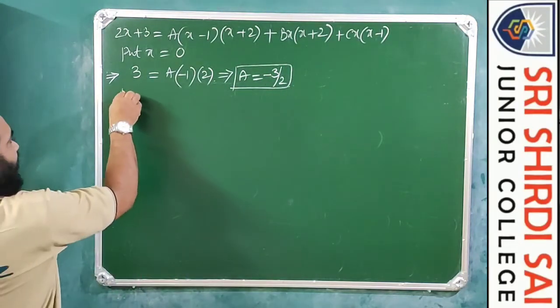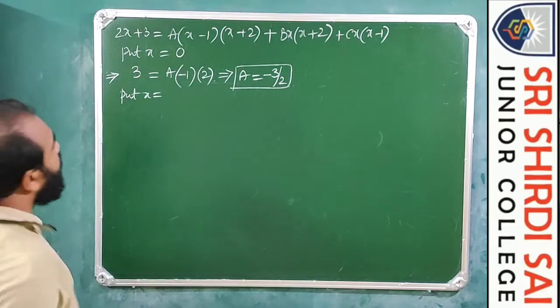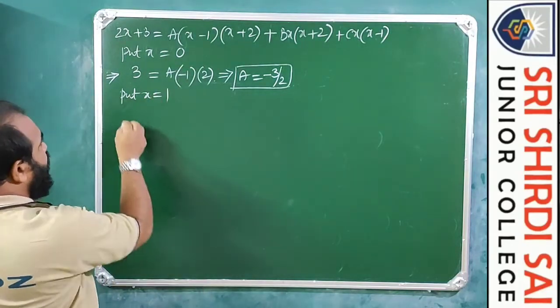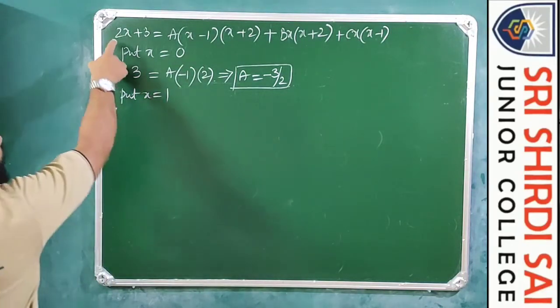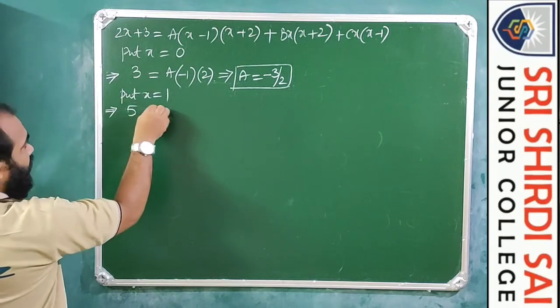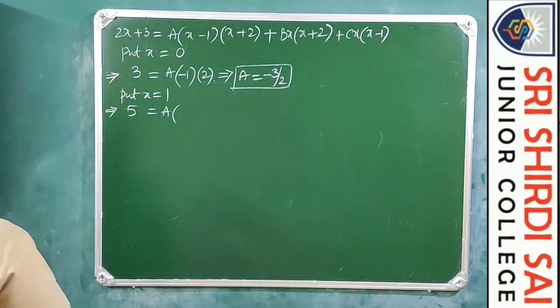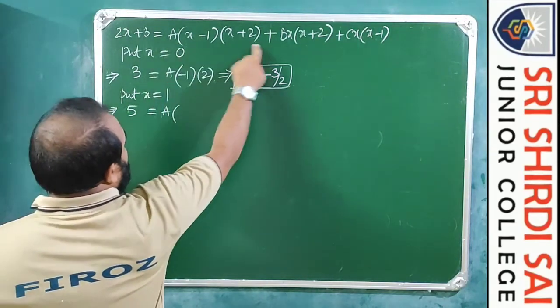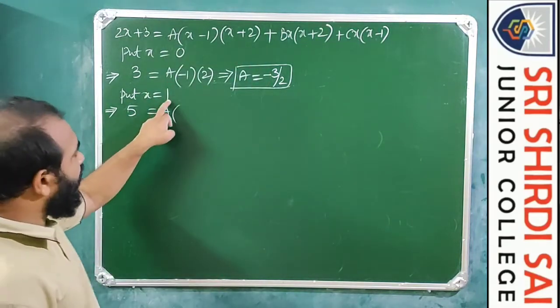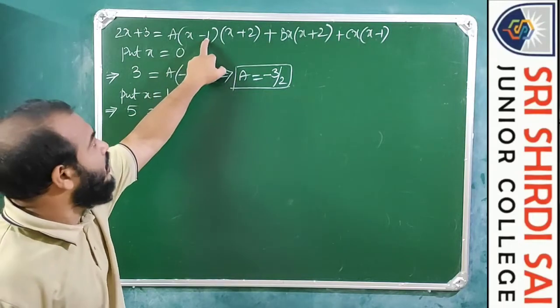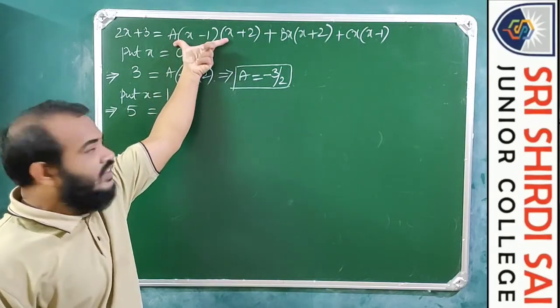And put x is equal to 1. 2 ones are 2, 2 plus 3 is 5, which equals A into, this term is going to be 0 because on substituting 1 here, 1 minus 1 is 0, and 0 into anything is 0.